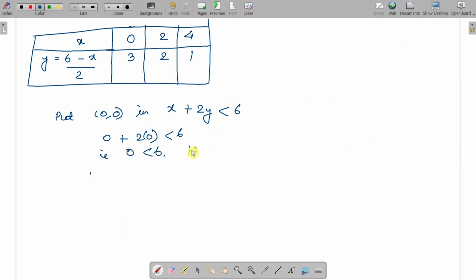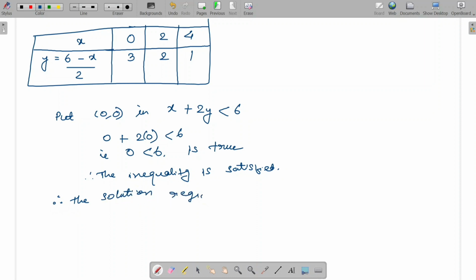So this is true, so therefore the inequality is satisfied, therefore the solution region is the half plane where 0, 0 lies.